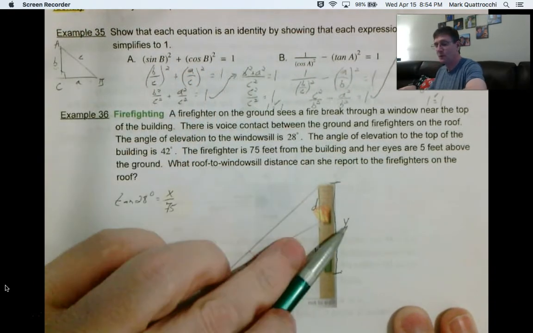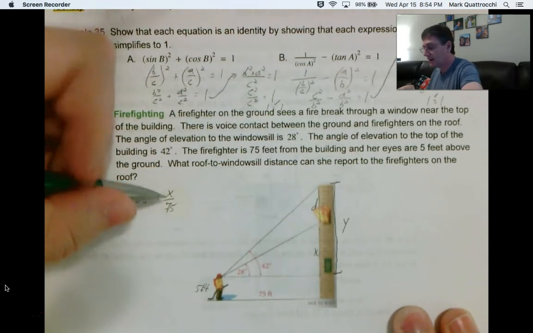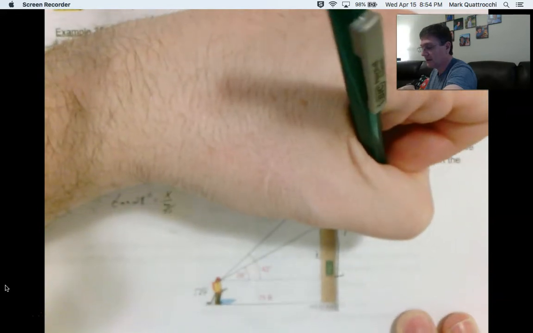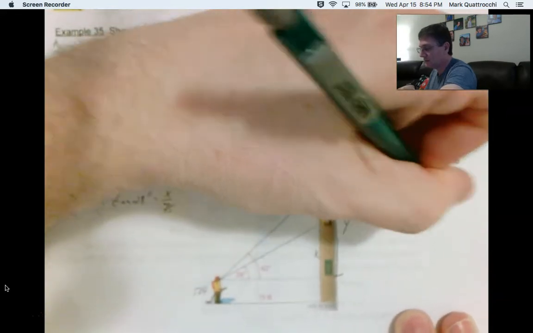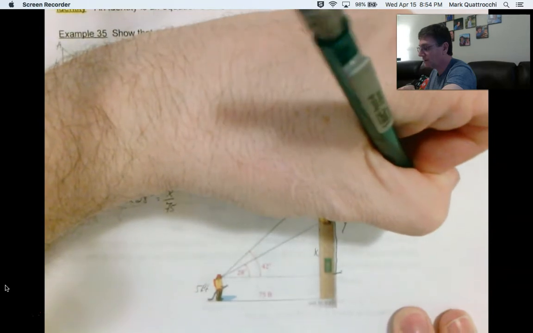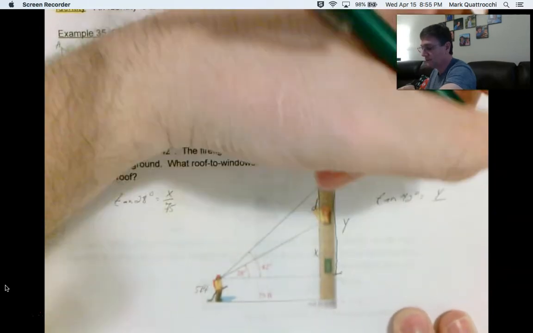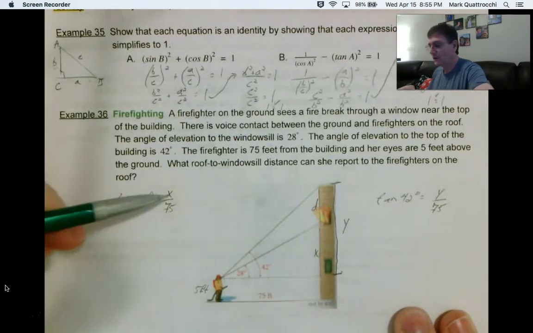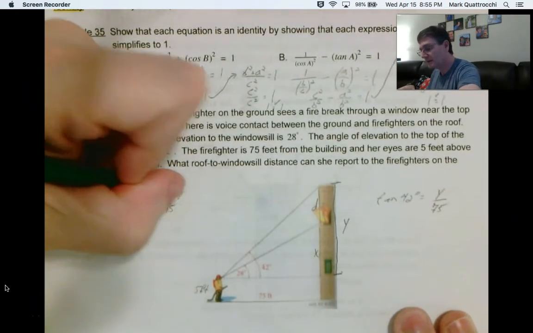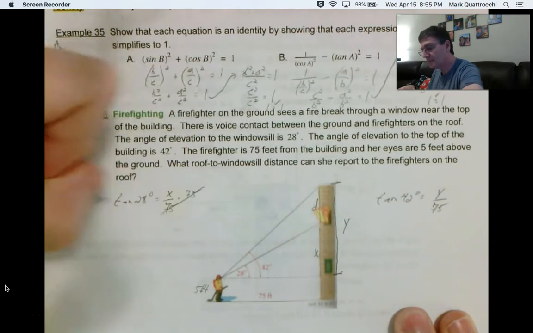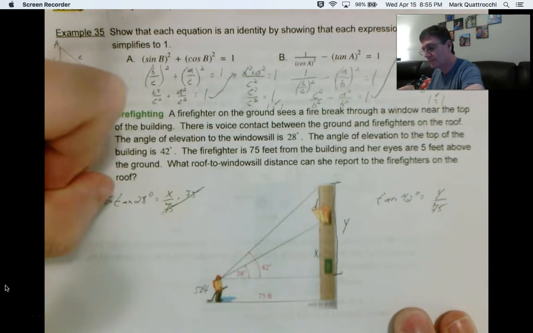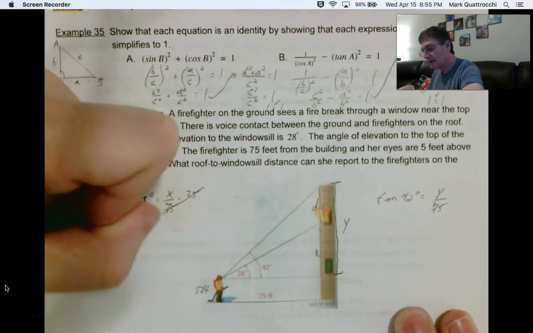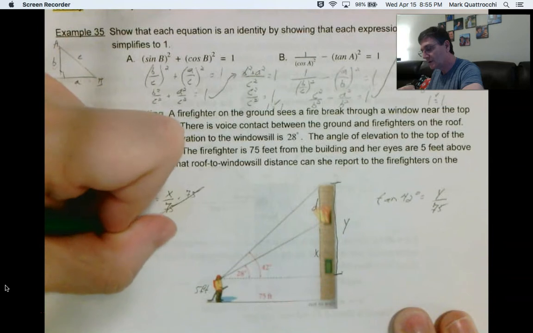D is equal to y minus x. Anyway, and tangent 42 degrees equals y over 75. Solve for x, multiply both sides by 75. X equals 75 tangent 28 degrees.